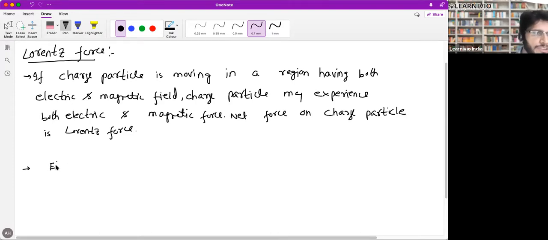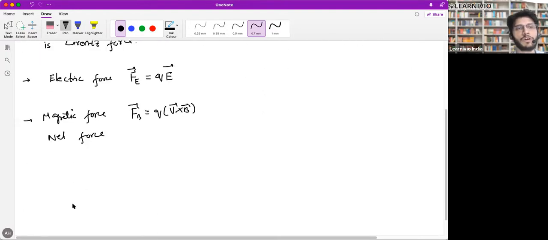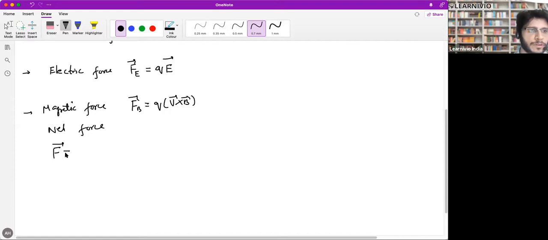The electric force acting on the charged particle, you can write as Fe, which is equal to QE. In the same region, the magnetic field is also present. So you can write the magnetic force as FB, which is QV cross B. The net force F is the sum of both electric force as well as magnetic force.